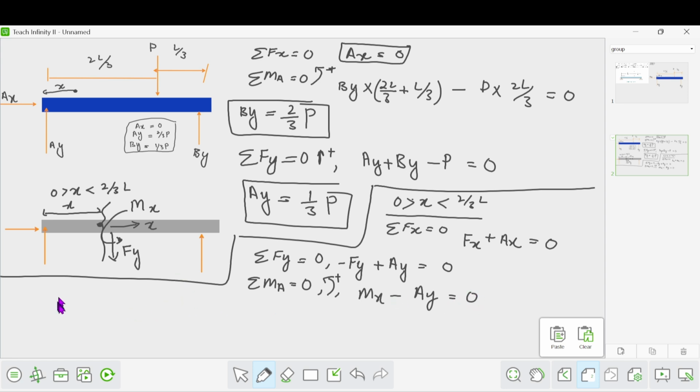Now if I put the value of Ay, Mx will become equal to, Ay value is 1 divided by 3 P, times x.